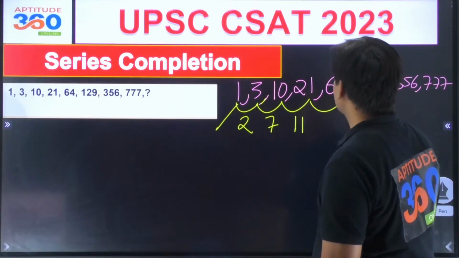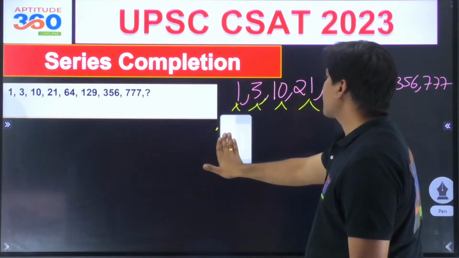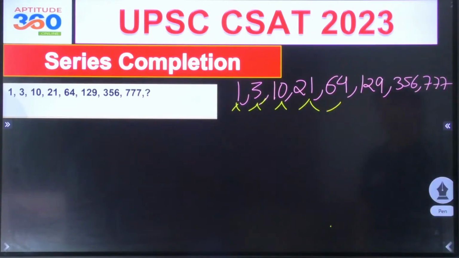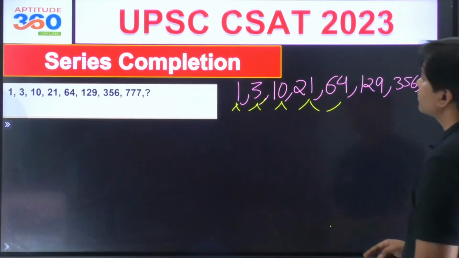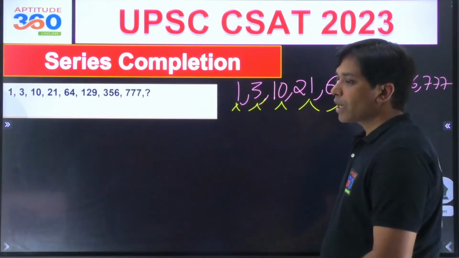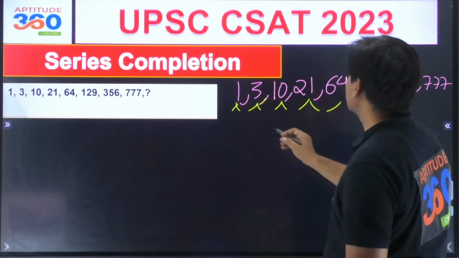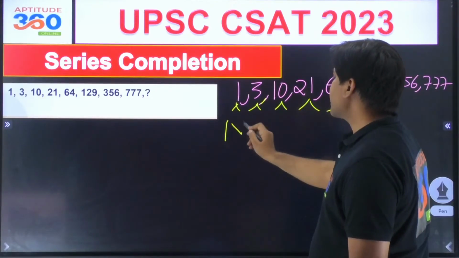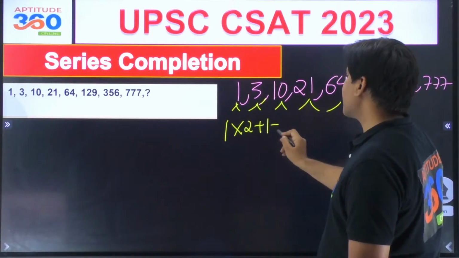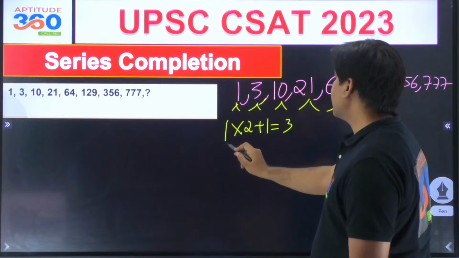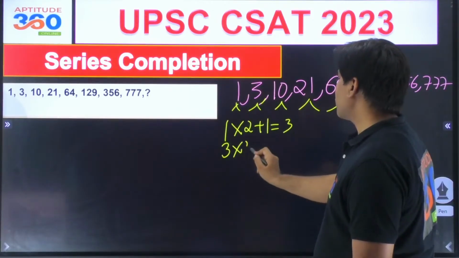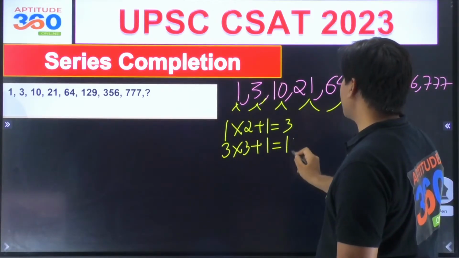No, that is gone. Debashish, what is the pattern? I was getting this: 1 into 2 plus 1, I was getting 3, and then 3 into 3 plus 1, I was getting 10.